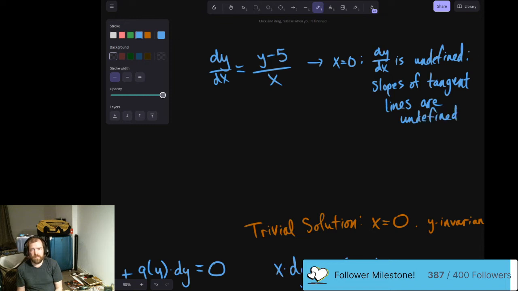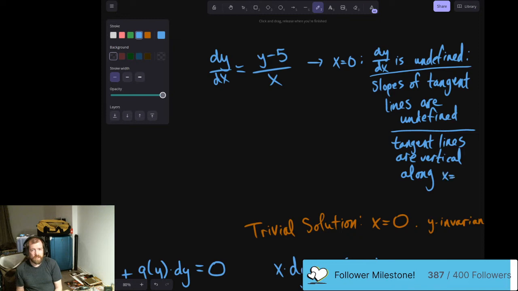It's fine, right? Which then also means that the tangent lines themselves are vertical along x equals 0. Well, x equals 0 is vertical.